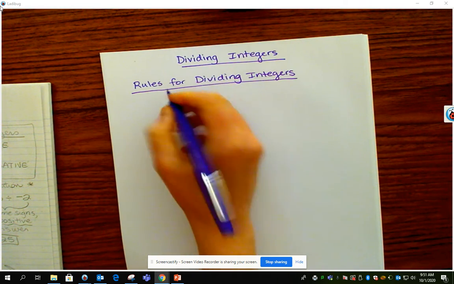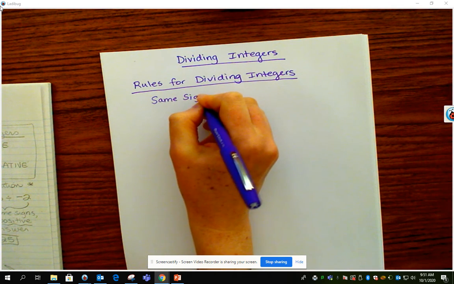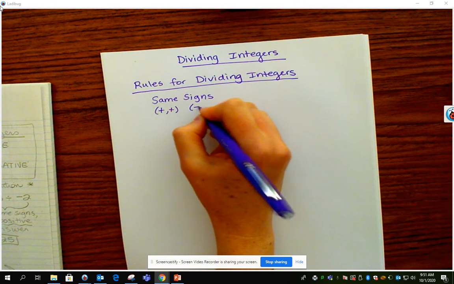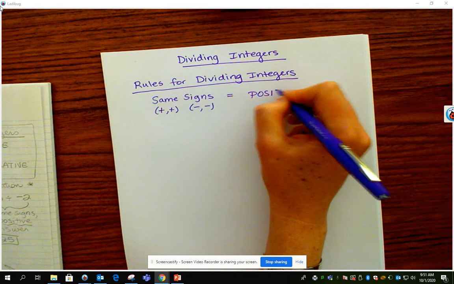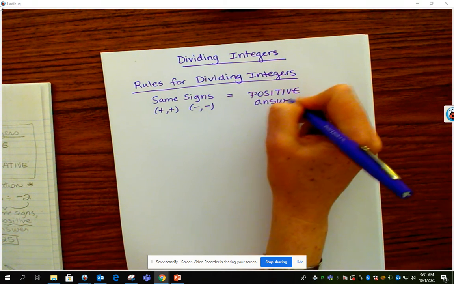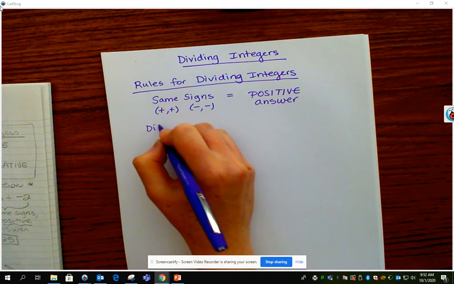Let's write those down. Same signs. So again, that means two positive numbers or two negative numbers will give you a positive answer. And again, just like multiplying, different signs.